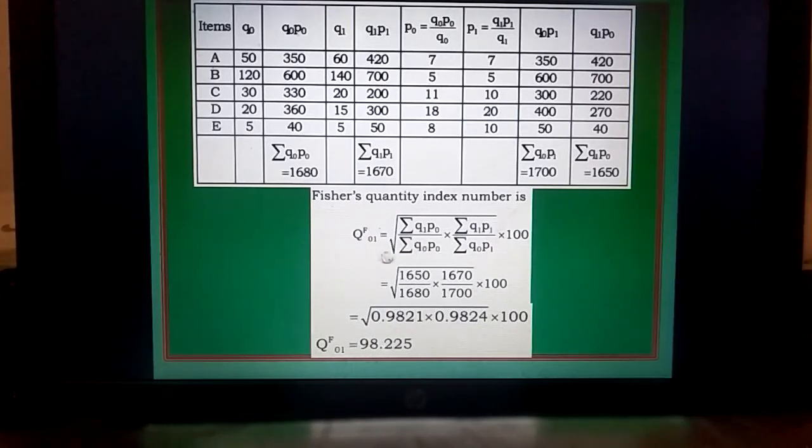So Fisher's quantity index number is the geometric mean of Laspeyres and Paasche quantity index numbers. Accordingly, write the formula, substitute the values and get the answer. This is also coming as 98.225. However, that we have already discussed. In the similar fashion, the conclusion or interpretation is needed to be written at the end.